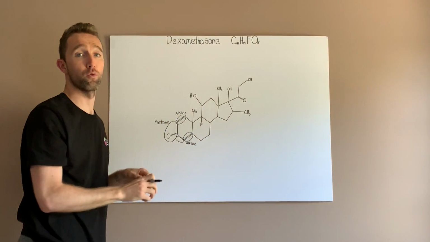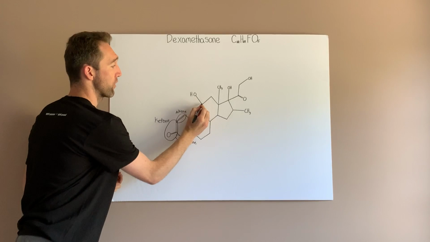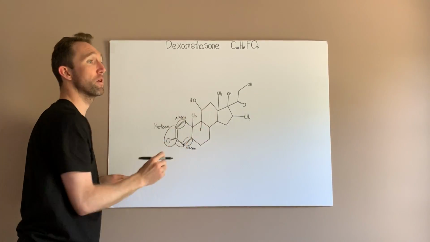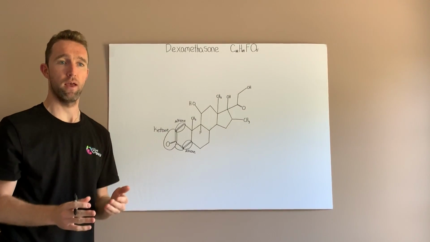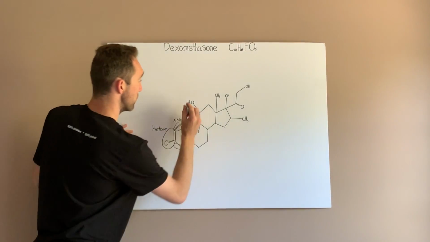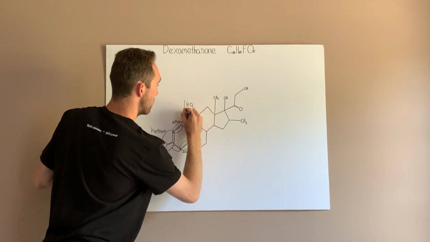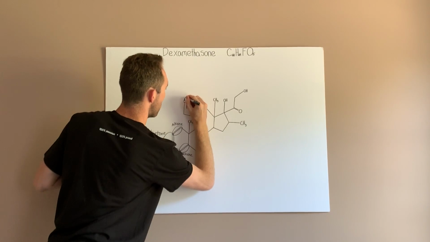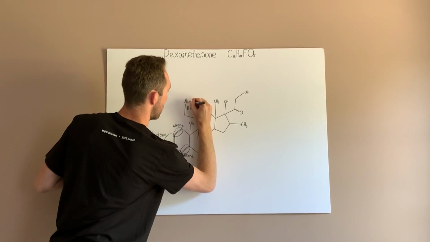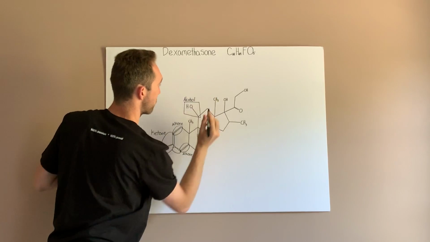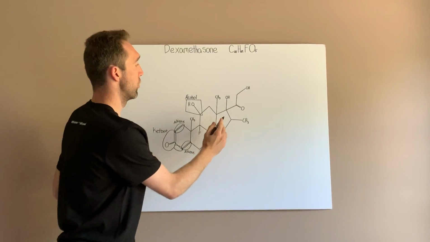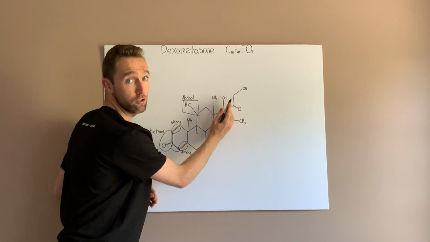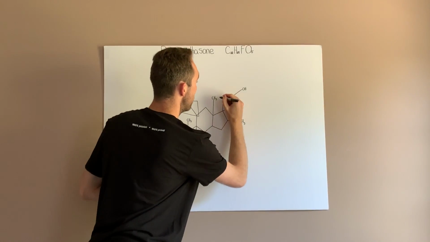The next functional group we see is up here. We have a carbon with a single bond to an OH. If we remember from our lesson 6 discussion, that is an alcohol. So we'll highlight that. Moving forward, we also see another carbon that has a single bond to an OH, so that's another alcohol.